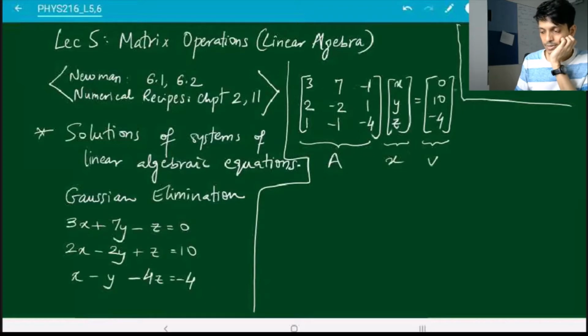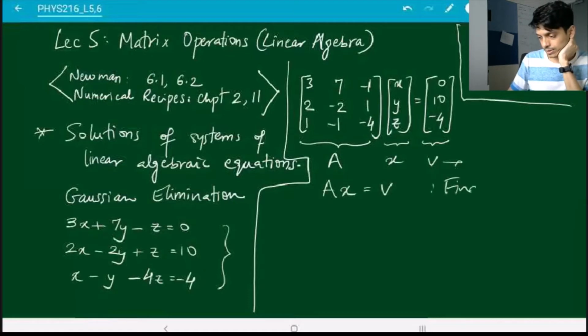So 3x plus 7y minus z equals 0 and so on. So we have gone from having to solve 3 equations to solving one matrix equation. So we want to find X where AX equals V. Find X. That is the problem we are interested in.